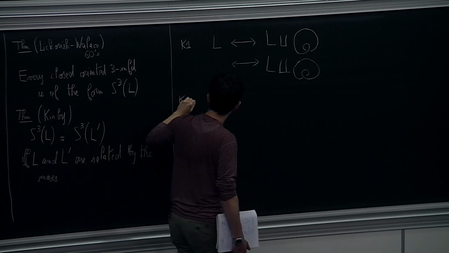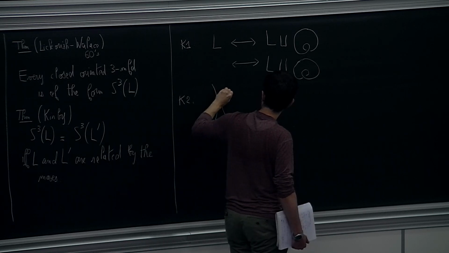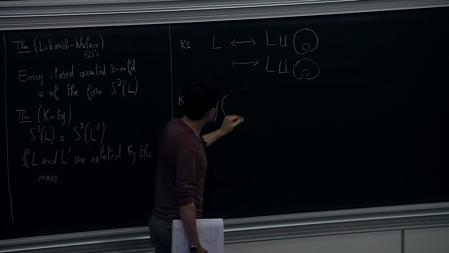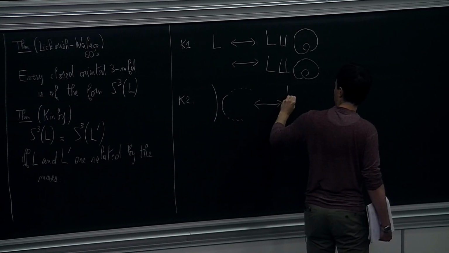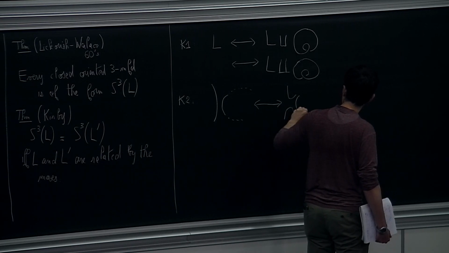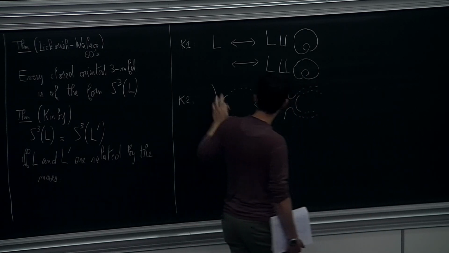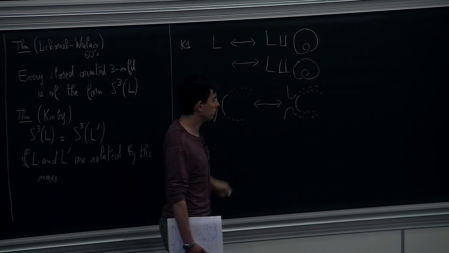And the second one is, you have your link and you have somewhere two strands that are close together, and you do what is called the handle slide, which is to slide this strand over a strand that follows the other component.